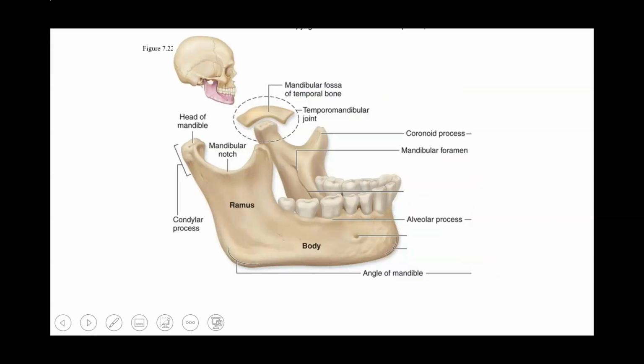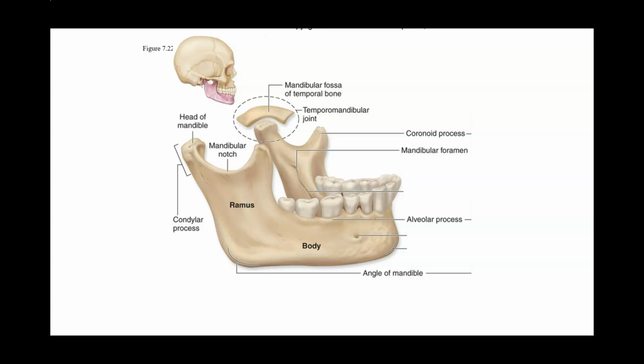When we look at the mandible, it's kind of shaped like the letter L. The horizontal part of the mandible is known as the body, whereas the vertical portion of the mandible is known as the ramus. On the superior margin of the ramus, there are going to be two structures.